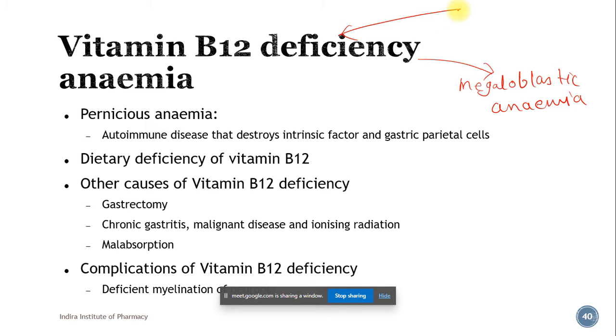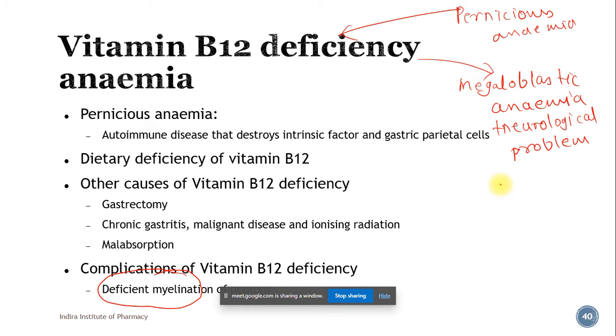The vitamin B12 deficiency can be created with pernicious anemia, and which may lead to the megaloblastic anemia plus neurological problems. So what are neurological problems in case of vitamin B12 anemia? Because we have seen that it causes deficient myelination of the neurons. So this neurological problem is nothing but the deficient myelination.